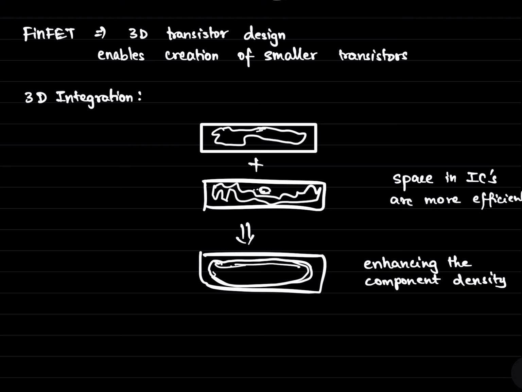Another very awesome advantage of why we use ICs over discrete components is cost reduction, and this is due to batch processing. Batch processing is nothing but manufacturing a lot of ICs on a single silicon wafer.